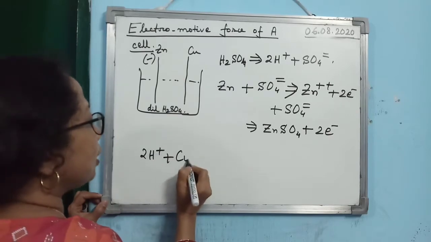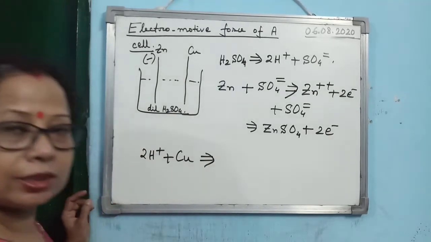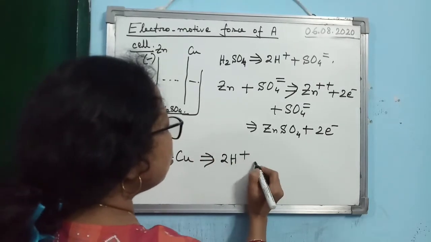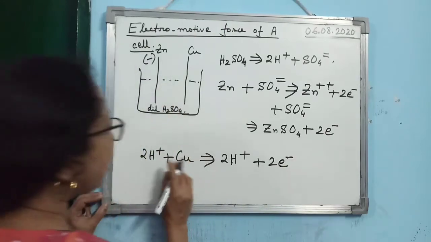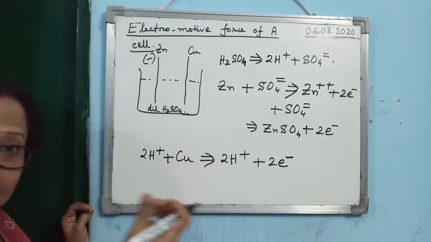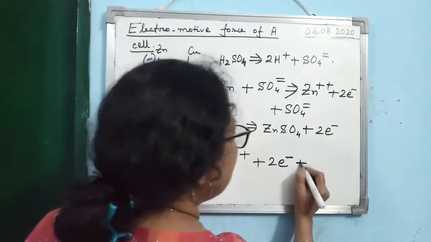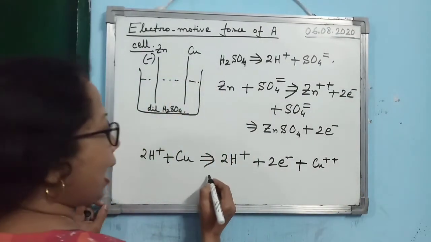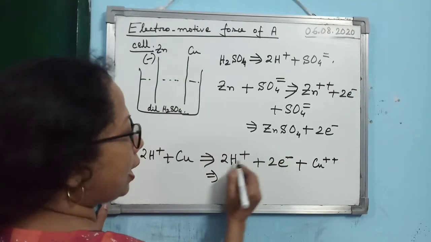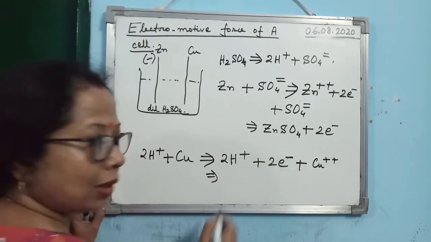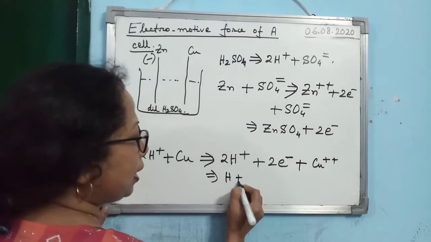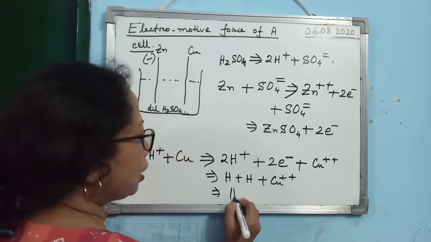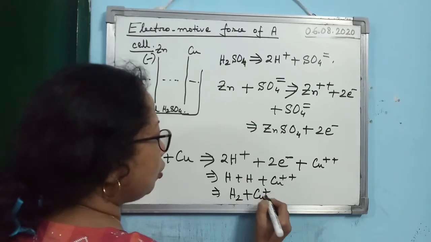The hydrogen ion will go to the copper plate and extract 2 electrons from the copper. So copper will become positively charged, and these 2 hydrogen ions will accept 2 electrons. First they will be hydrogen atoms, and then the hydrogen atoms will combine and a hydrogen molecule will be produced.